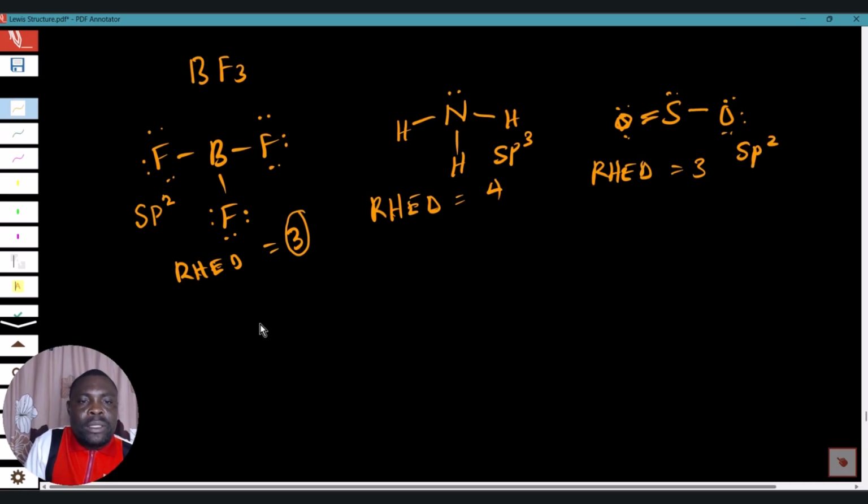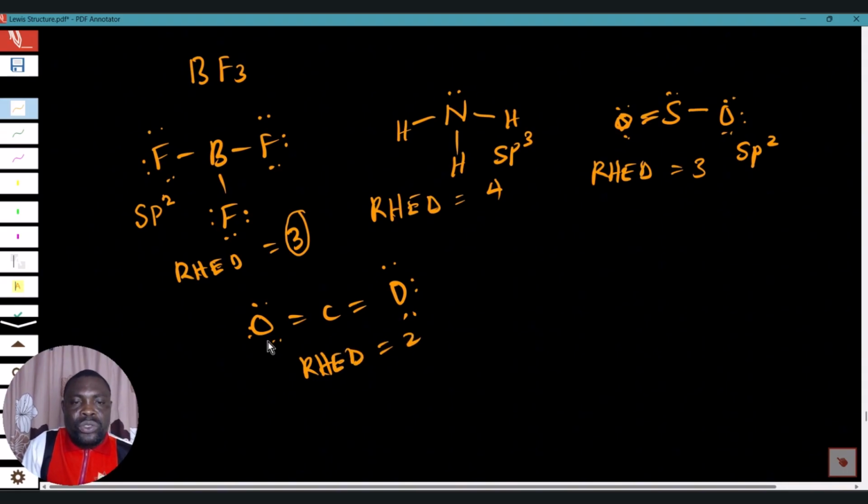Now, let's look at carbon dioxide. If you look at carbon dioxide, you will discover that the region of high electron density is 2. If it is 2, we have S will give us 1, then P will give me 1, making carbon dioxide sp hybridized.